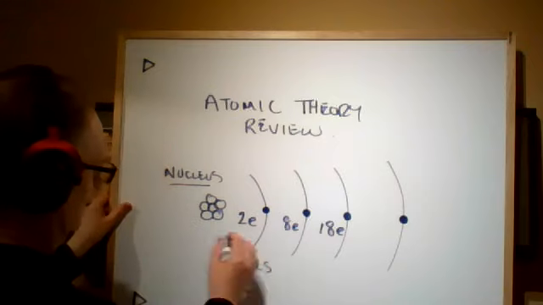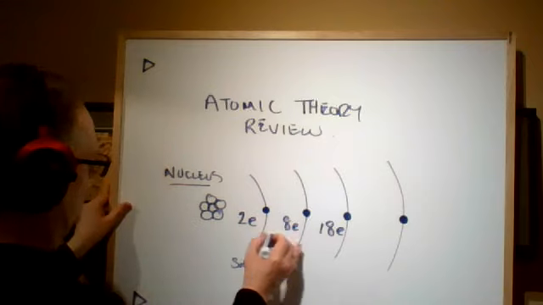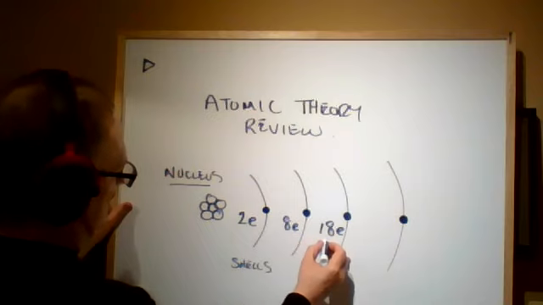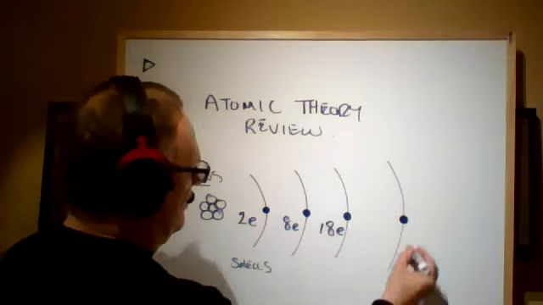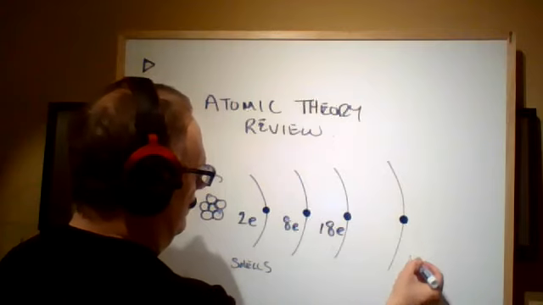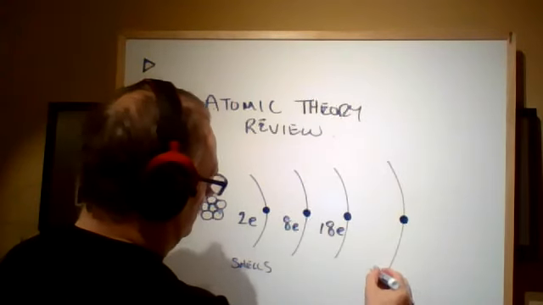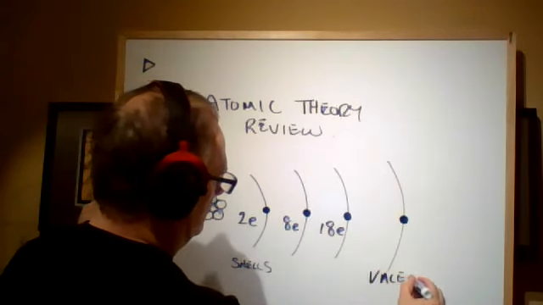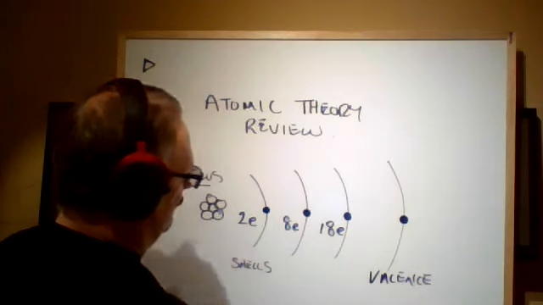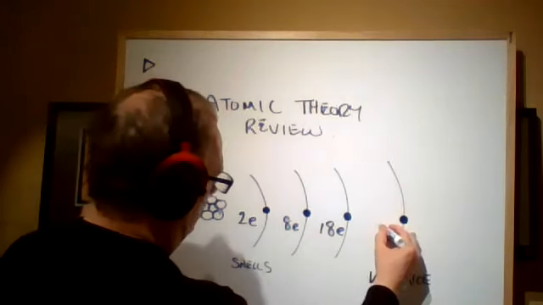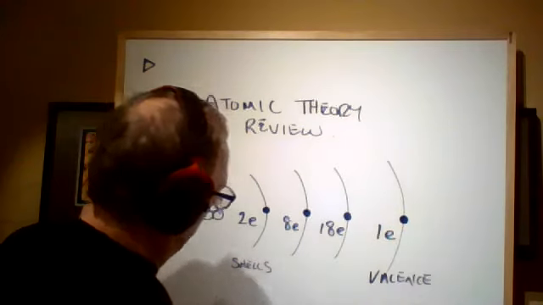So if we do a bit of quick addition here, we've got 2 plus 8 is 10, plus 18 is 28, and that means that in my outermost ring, which we call the valence shell, we only have 1 electron.